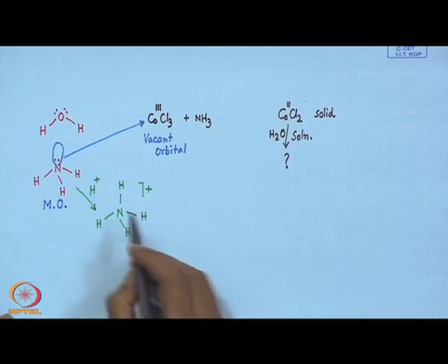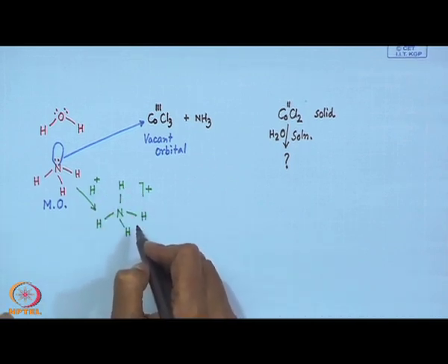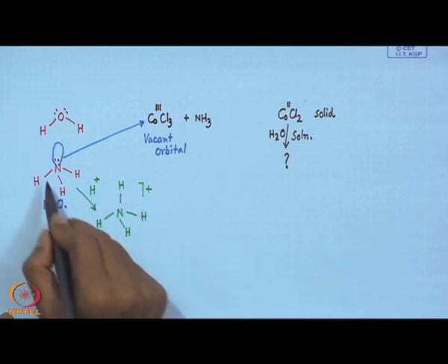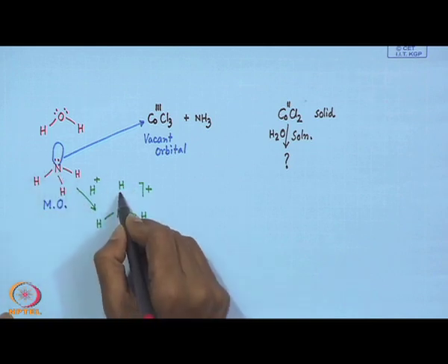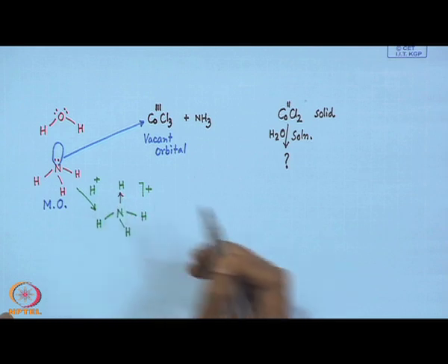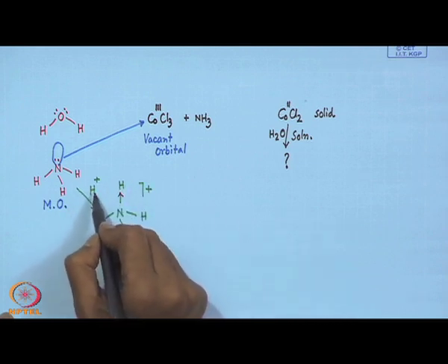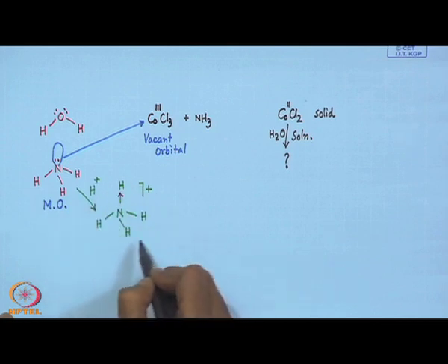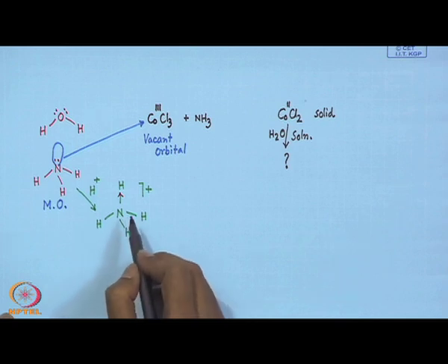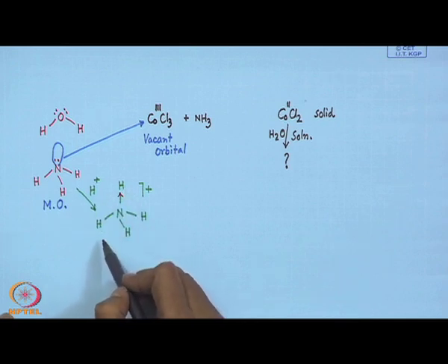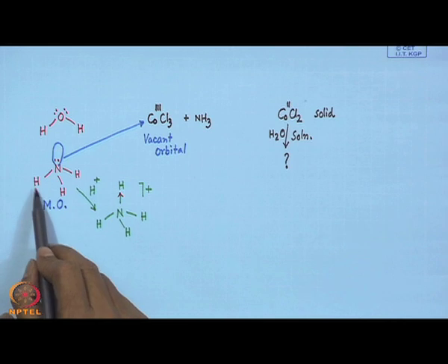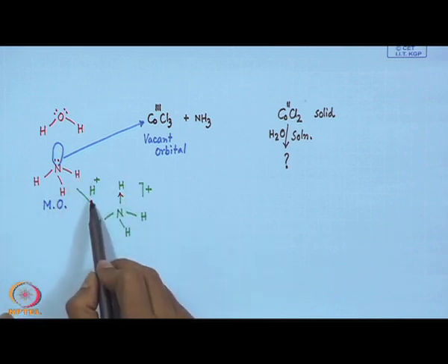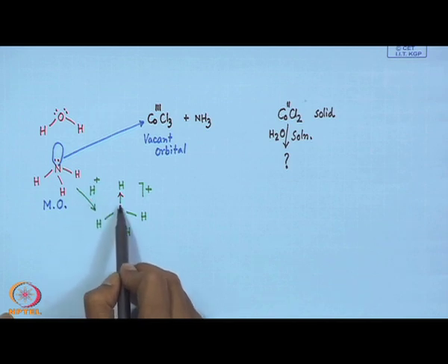So, this tetrahedral ammonium ion formation can also tell us about this particular lone pair of electrons which has been donated. For a very simple system, if we consider this is the hydrogen, after formation of the ammonium ion it is not possible to distinguish the hydrogen atoms which were already present in the ammonia molecule from the one which has newly reached there to attach to the nitrogen atom.